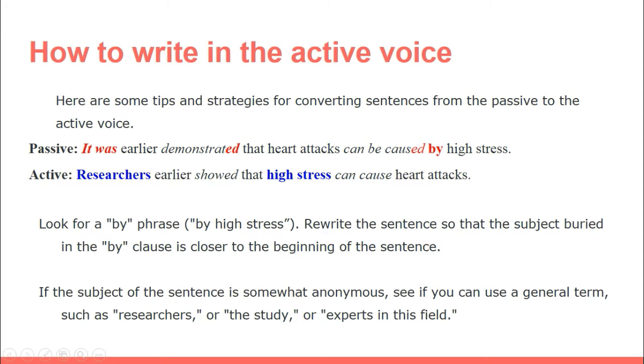After that, it will be followed by the verb. If the subject of the sentence is somewhat anonymous, you can use a general term for the subject, such as researchers or the study or experts in this field. The passive sentence changes to, "Researchers earlier showed that high stress can cause heart attacks." This is more clear, showing who the subject is and what exactly they're doing.